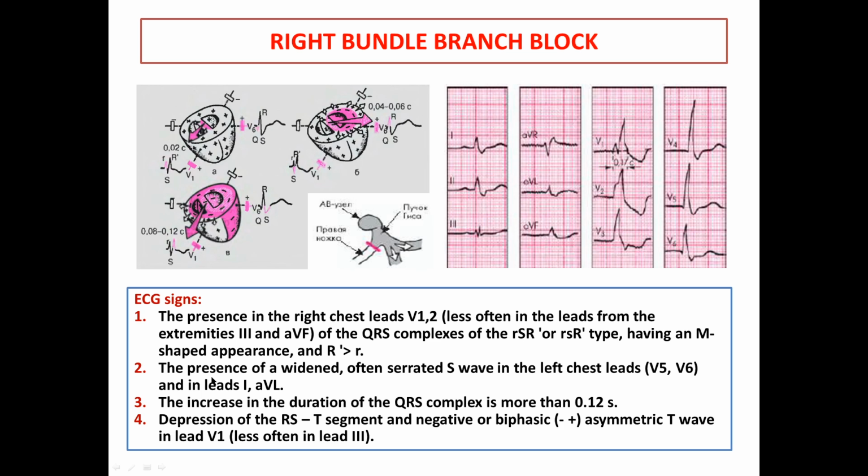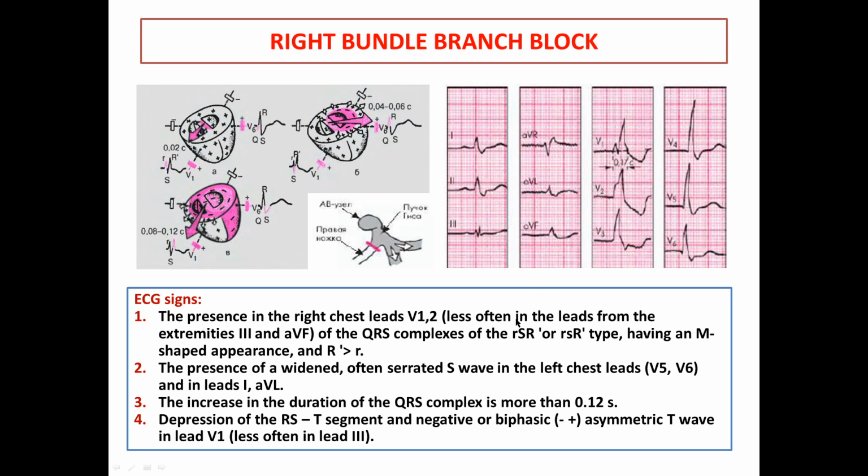On ECG, right bundle branch blockage appears by the presence in the right chest leads, V1, V2, less often in the leads from the extremities, third and aVF, of the QRS complex of RSR type, having an M-shape appearance, in V1 and V2, and presence of widened, often serrated S-wave in the left chest leads V5 and V6, and the leads first and aVL.